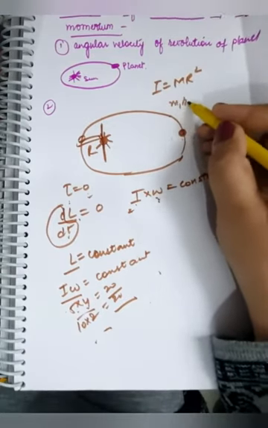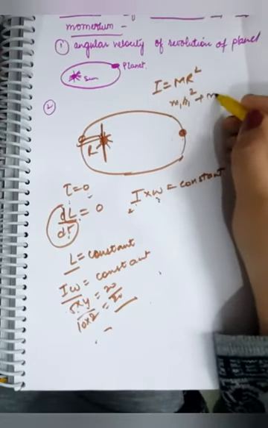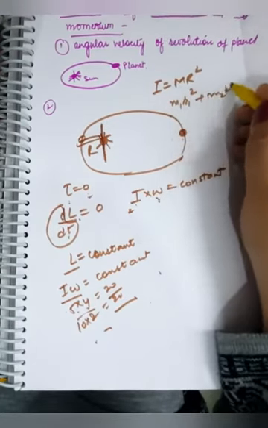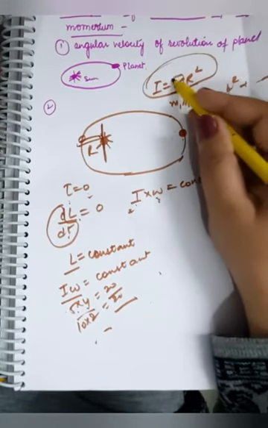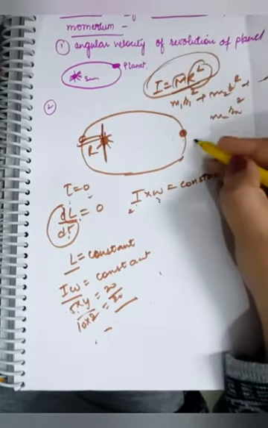If you remember, I told you that it is m1 r1 square plus m2 r2 square, plus so on up to mn rn square, which is summarized to m r square. So if moment of inertia is m r square, and r is decreasing because the planet has come closer to the sun, the moment of inertia will also decrease.